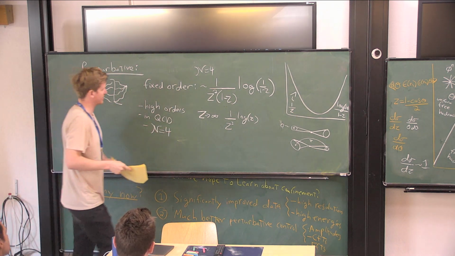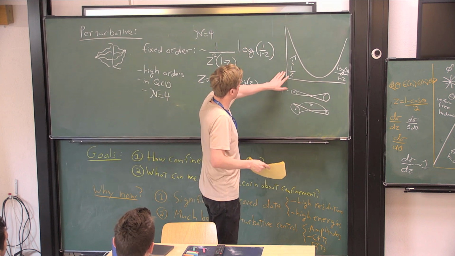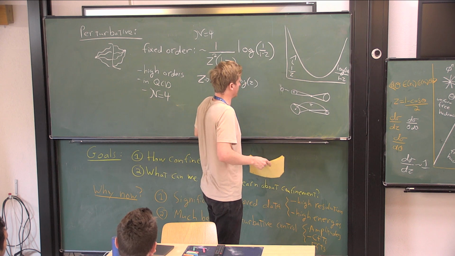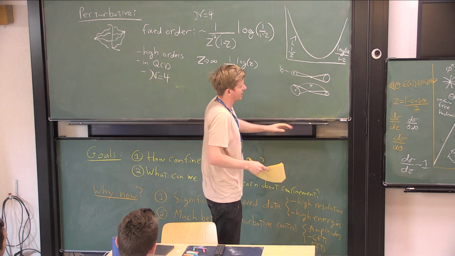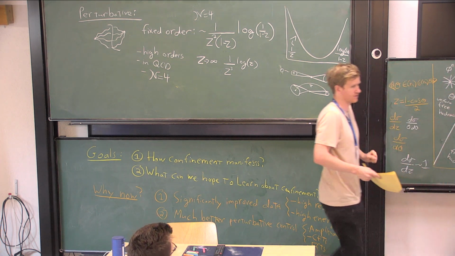And you can see that what makes this nice is that in either of these endpoints, you have some small parameter, and so you can understand the structure to all orders in perturbation theory as you go towards either endpoint.